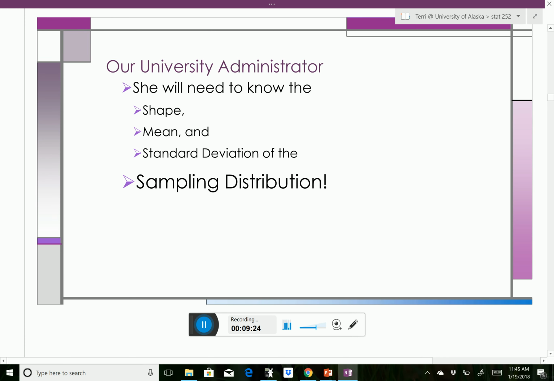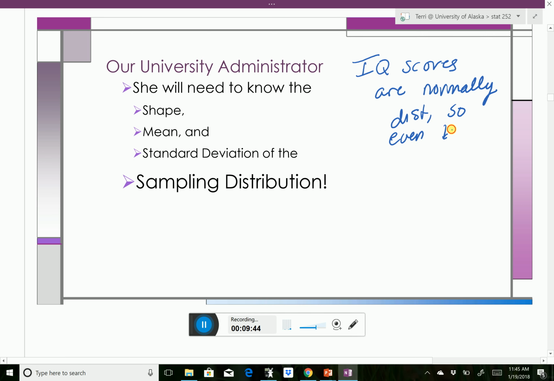So in order to say, well, how good is this, we need to know the shape of the distribution. Well, IQ scores, we've done this before, are normally distributed. So even with an n equals 20, x bar will also be normal.